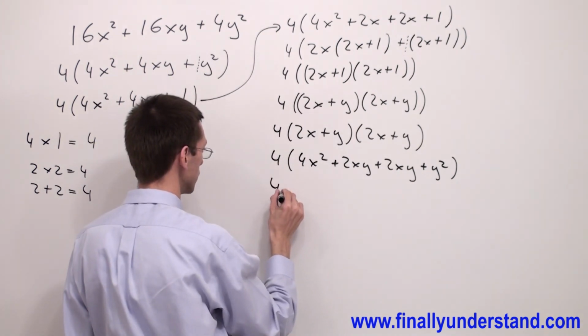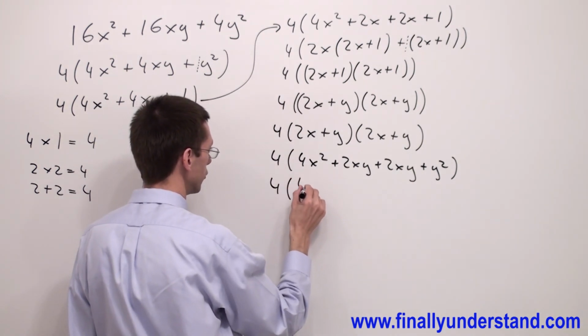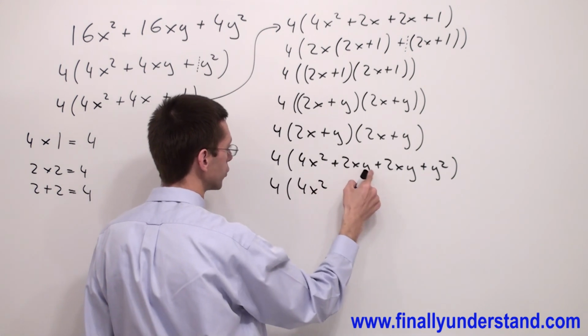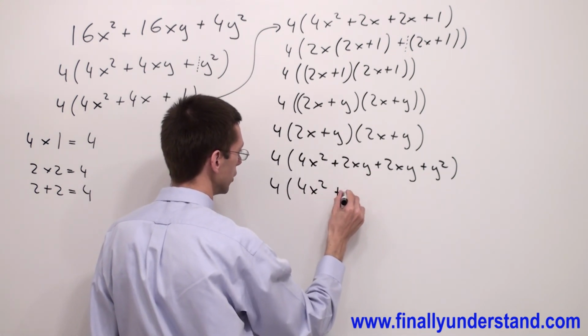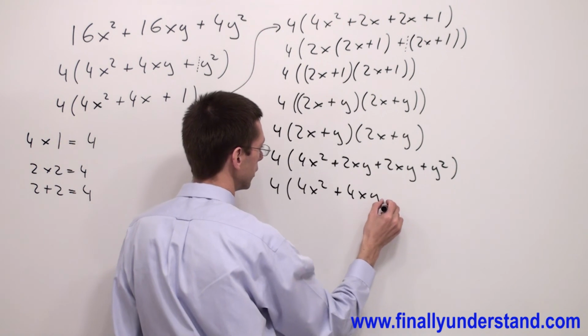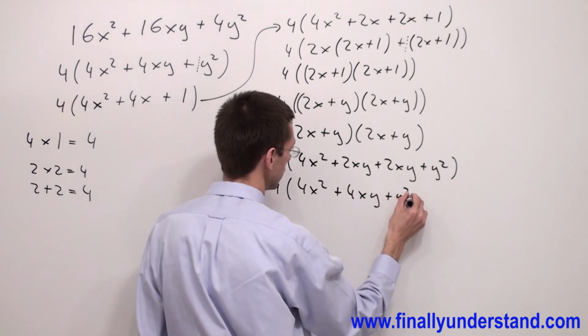Combine the like terms. 4x squared, 2xy plus 2xy is 4xy, plus y squared.